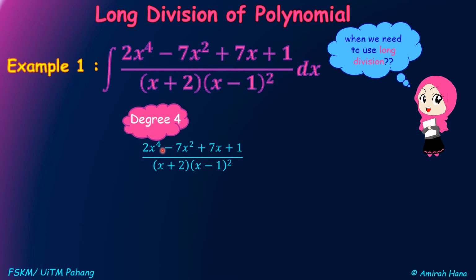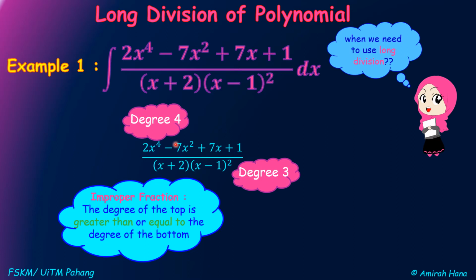From this rational function, we have a numerator with degree 4. If we expand the denominator, the highest exponent is 3, so the denominator has degree 3. This is called an improper fraction, meaning the degree of the top is greater than or equal to the degree of the bottom.